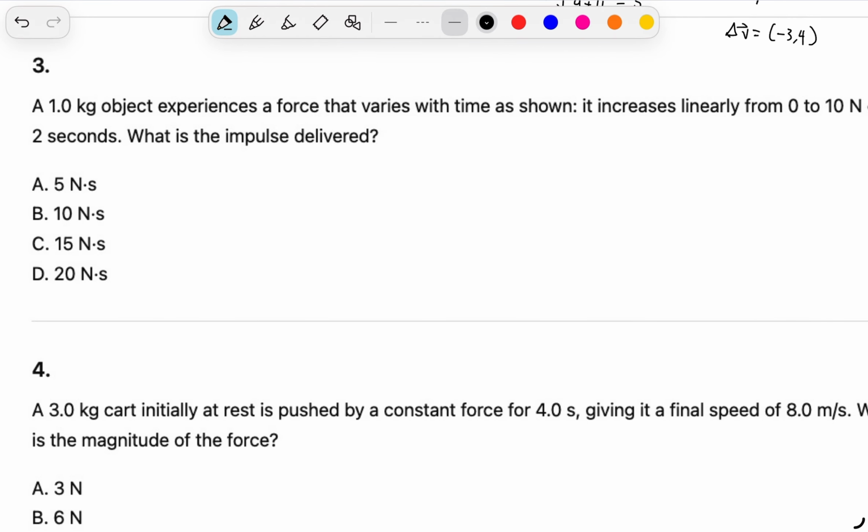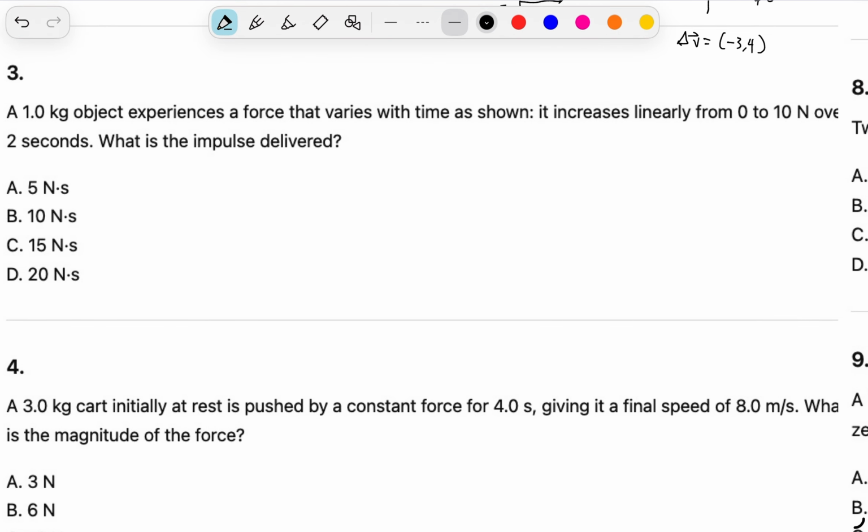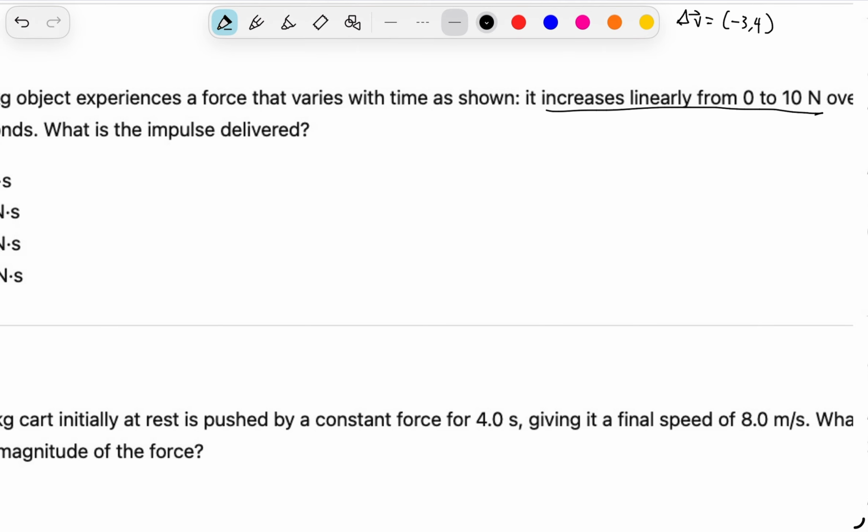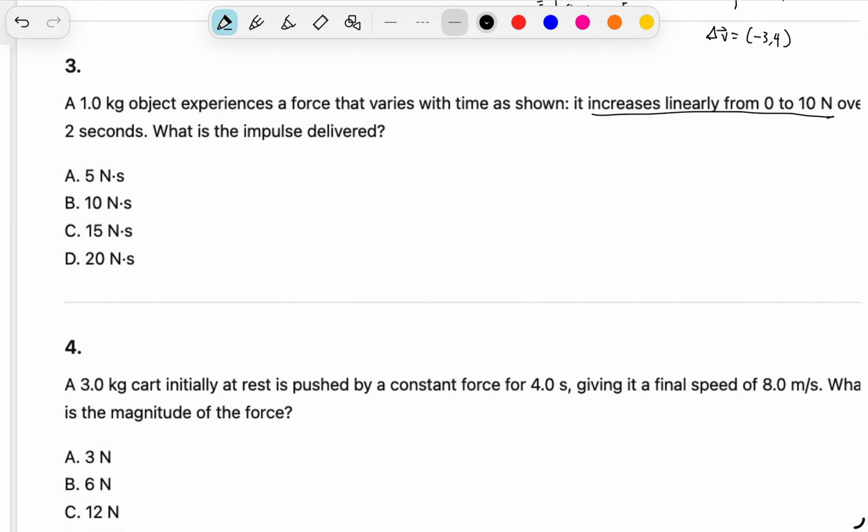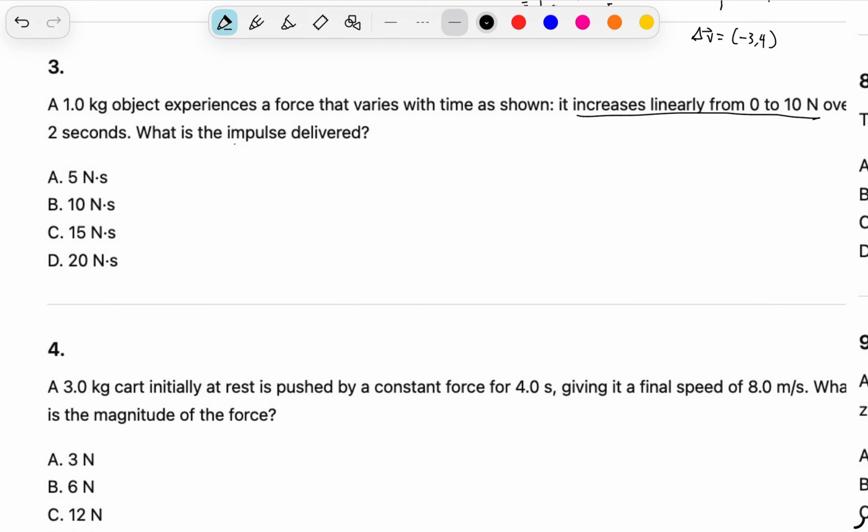A 1.0 kilogram object experiences a force that varies with time as shown below. As shown, it increases linearly from 0 to 10 newtons over 2 seconds. What is the impulse that is delivered?